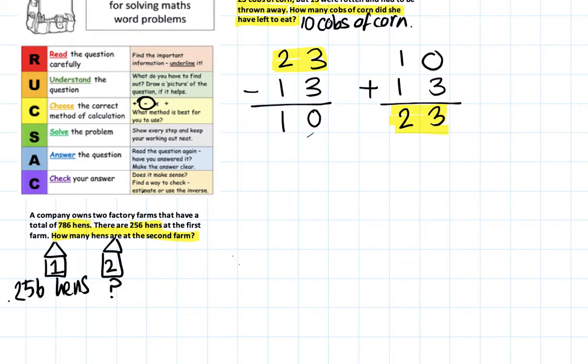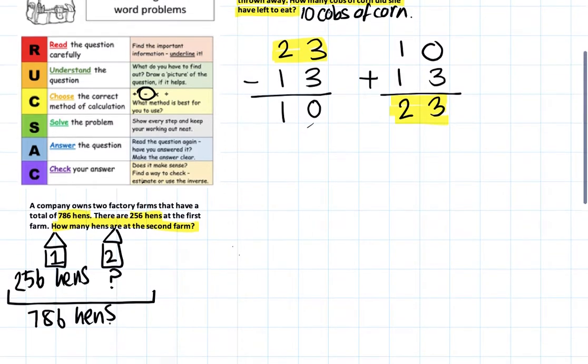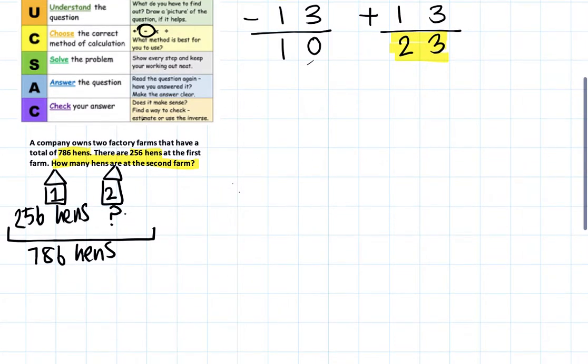Okay, and how many all together? We have 786 hens all together. Alright, so let's see how many hens we have. Now to find this out, do we need to add the number of hens? Okay, or do we need to take away this number of hens from the total to find out how many hens are at the second farm?